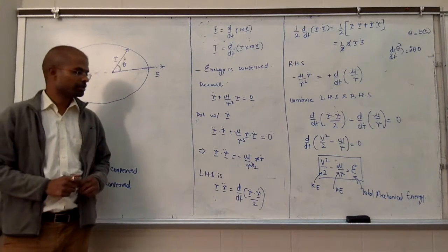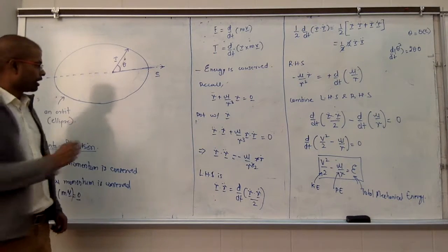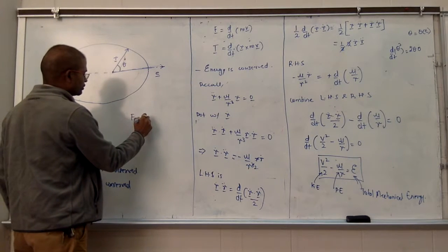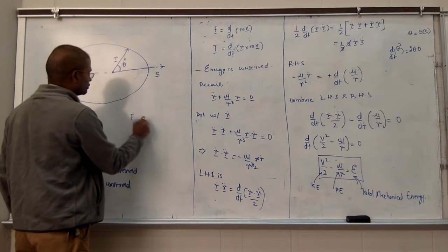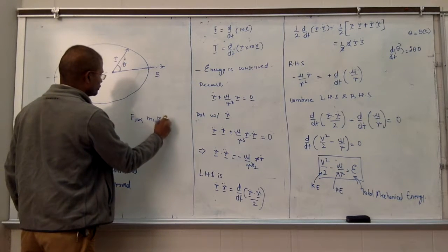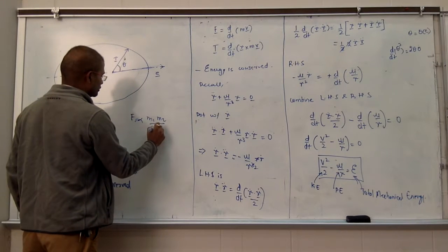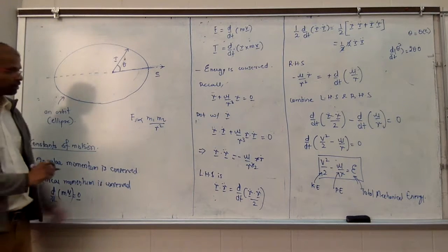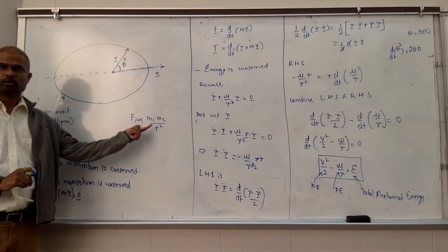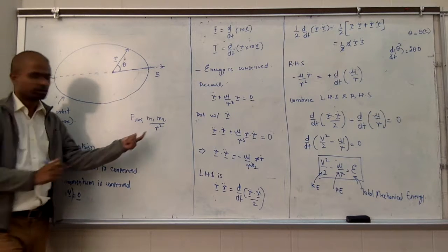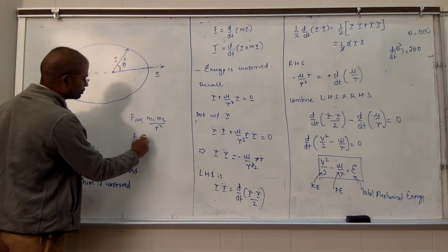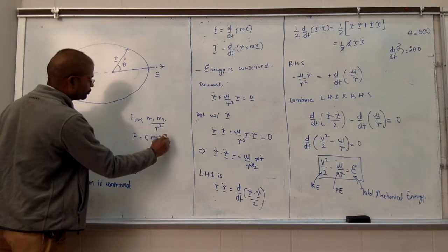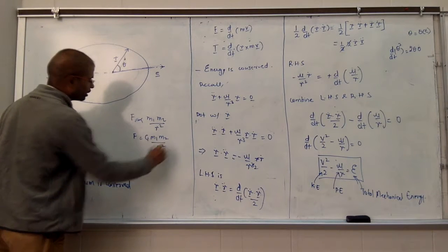Mu is, so you have F, remember this, F is proportional to M1 M2 divided by R square. So this is Newton's universal law of gravitation. Now F is equal to G M1 M2 divided by R square.